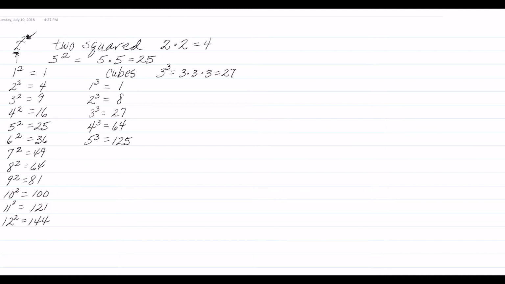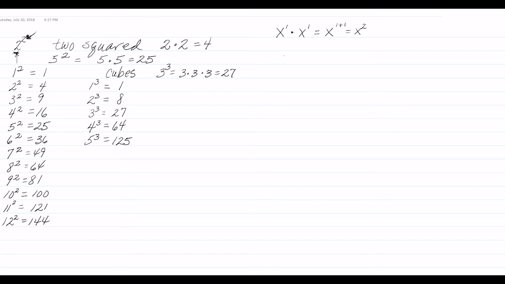Rules of exponents would include items such as, what do we do when we multiply like bases? If I multiply like bases, I add the exponents. So if we multiply x times x, we get x to the 1 plus 1, which is x to the 2nd power.